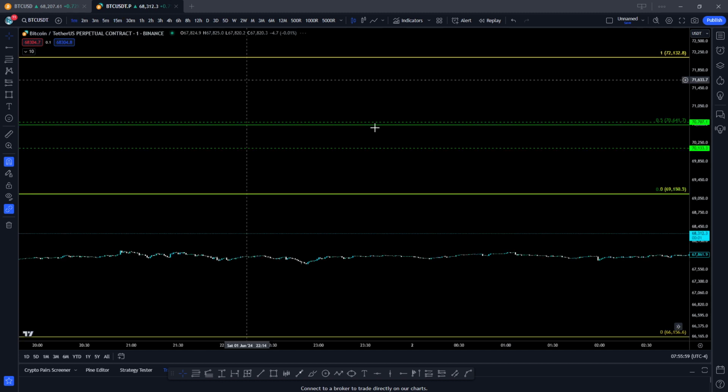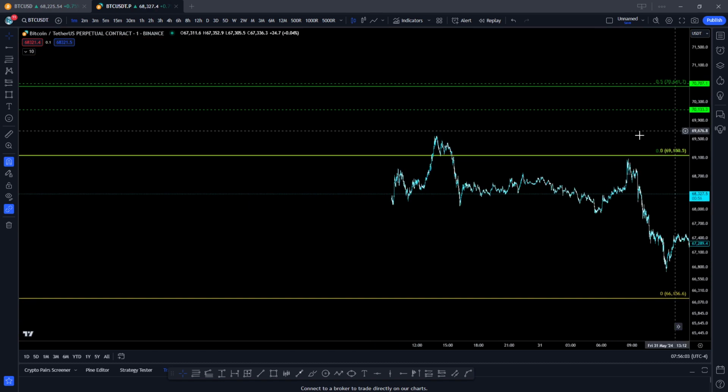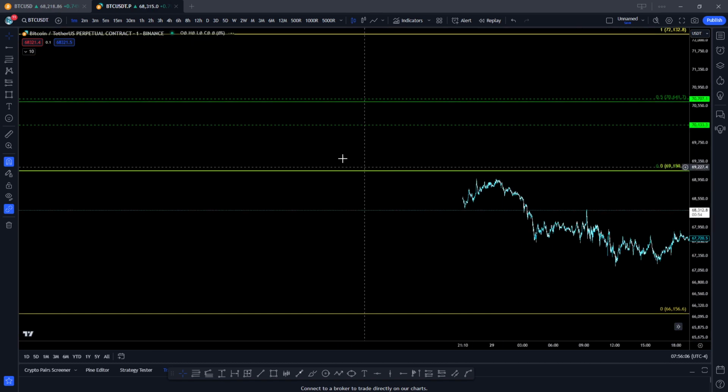So let's go back to the 1 minute. And let's take a look at that market structure shift again.